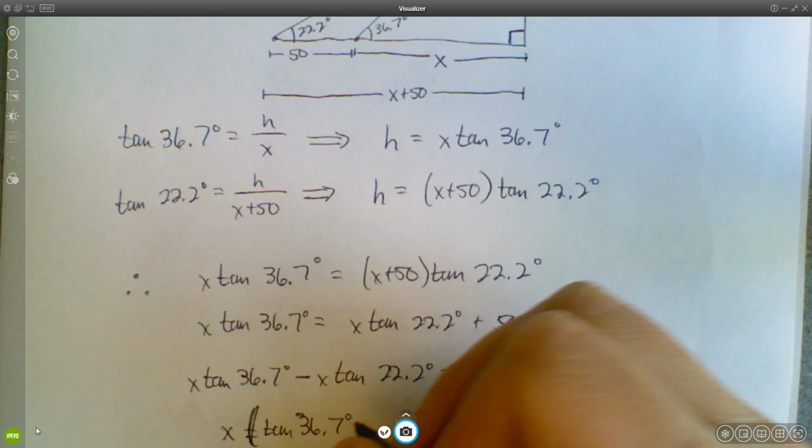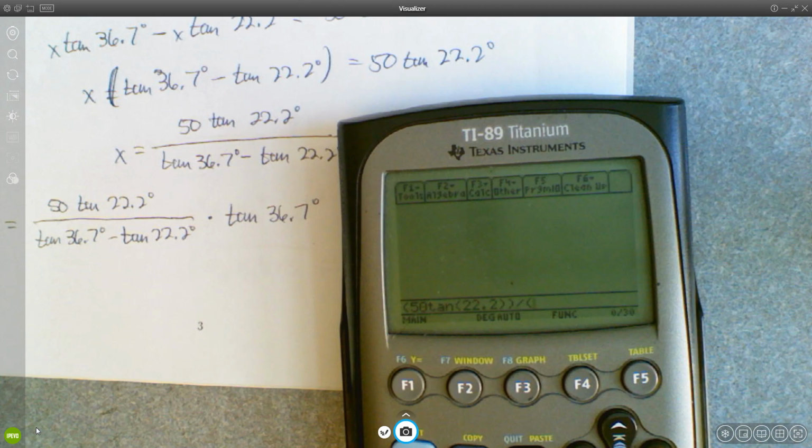So here we go. 50 tangent 22.2 divided by tangent 36.7 minus tangent 22.2, times tangent 36.7.